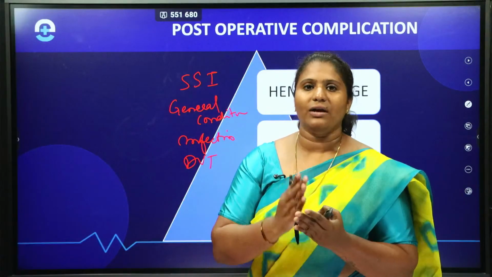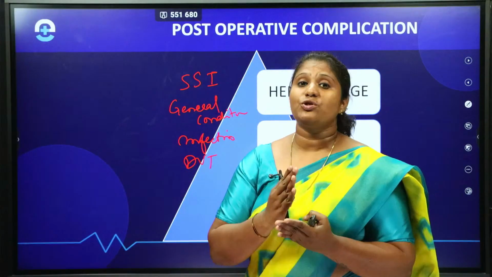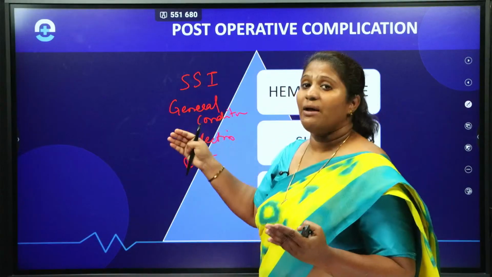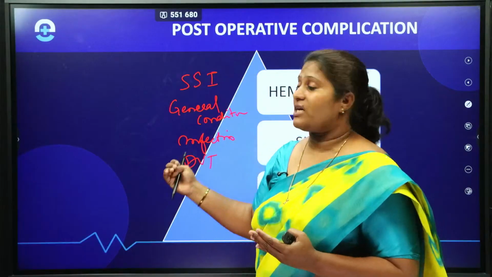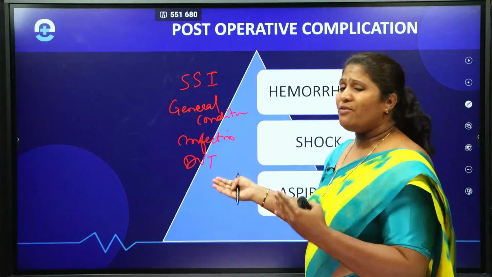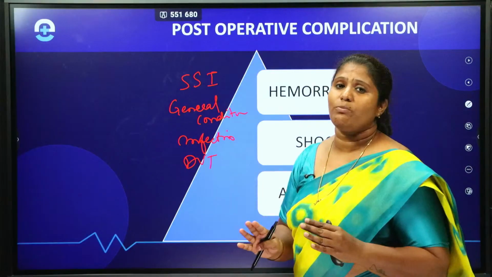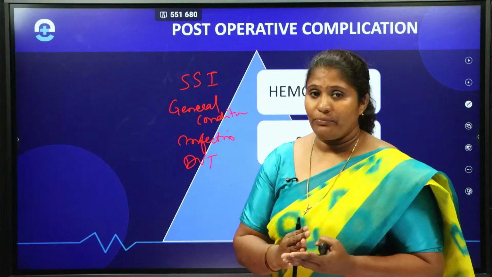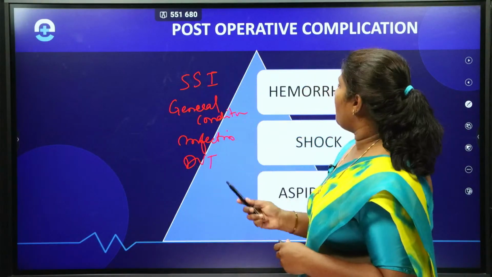From the OT, we monitor; keen observation should be there in the intraoperative time. After the post-operative time, we need to prevent all the complications like SSI, hemorrhage, anaphylactic shock, aspiration, infection, DVT, everything we need to prevent through nursing care. Okay, so these are all the complications.